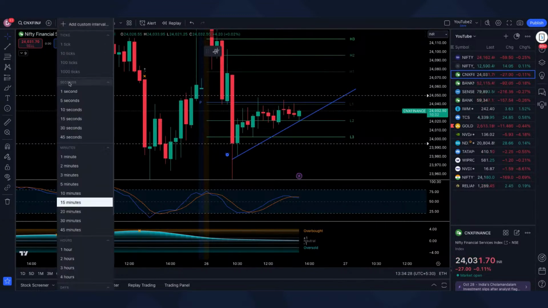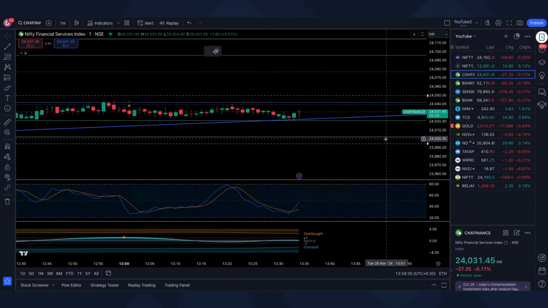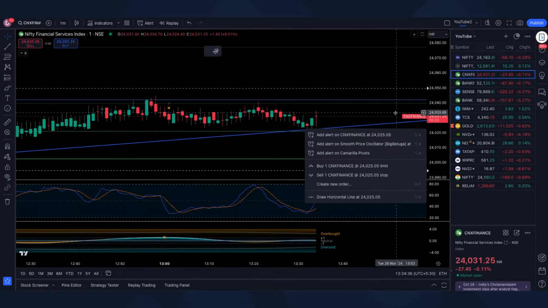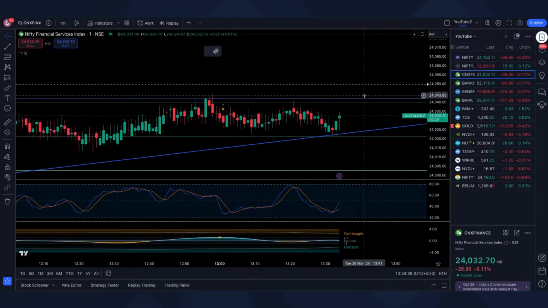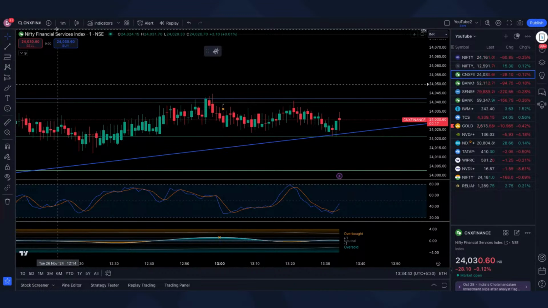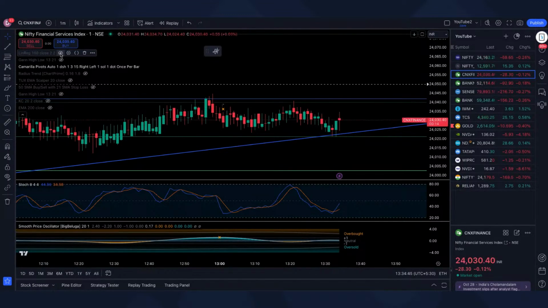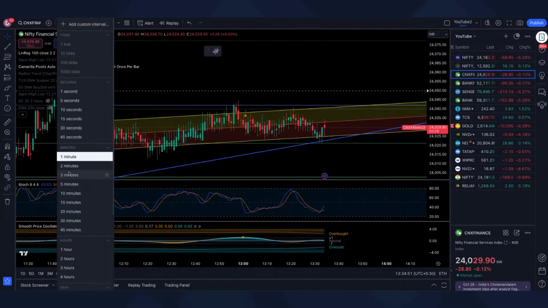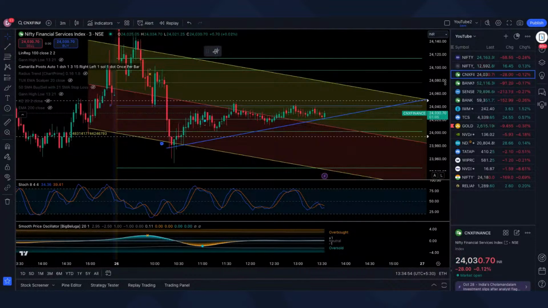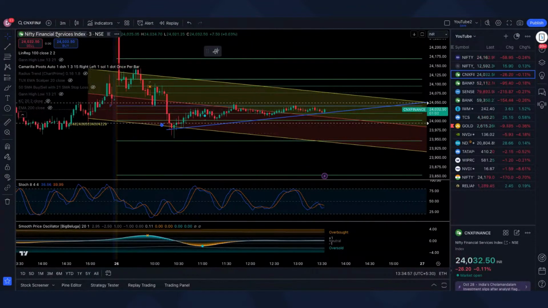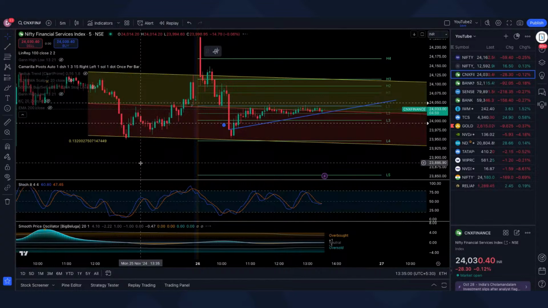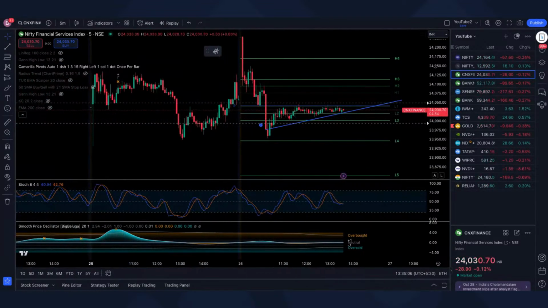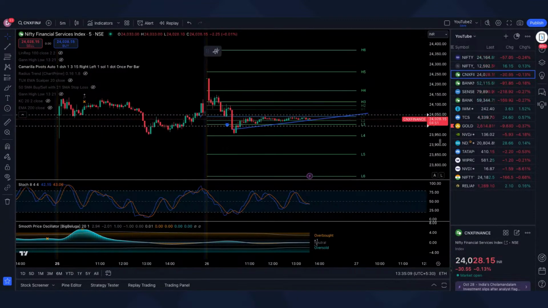We go back to 1 minute. No, linear regression doesn't seem to be good today. Now we can't trust linear regression, as I said yesterday, because there was a gap up, so linear regression wouldn't work.